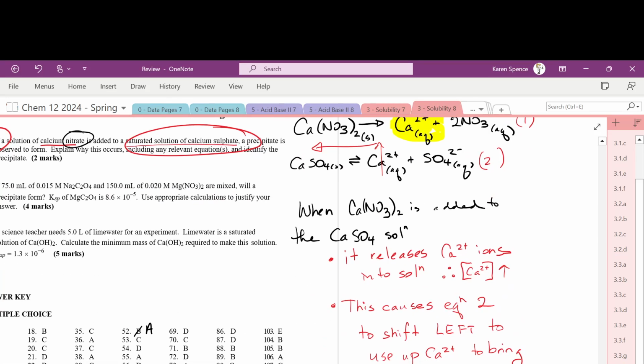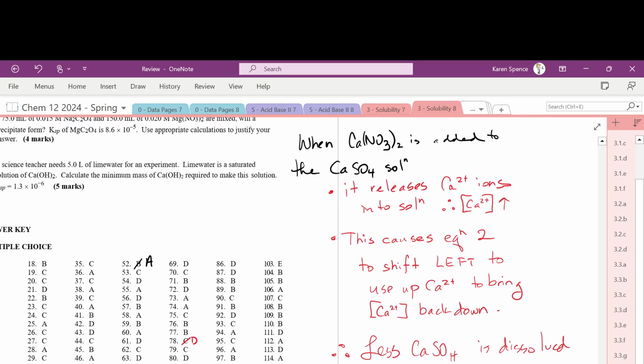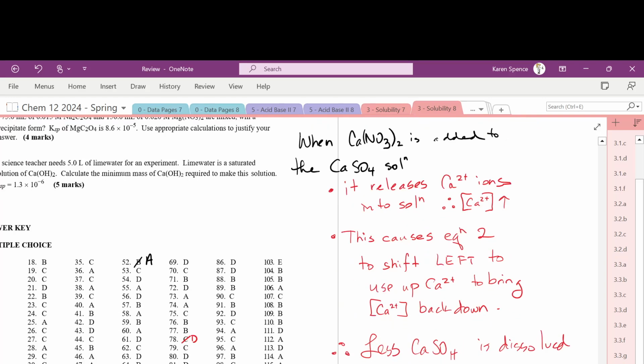Therefore, less CaSO4 is dissolved. Therefore, solubility has decreased.